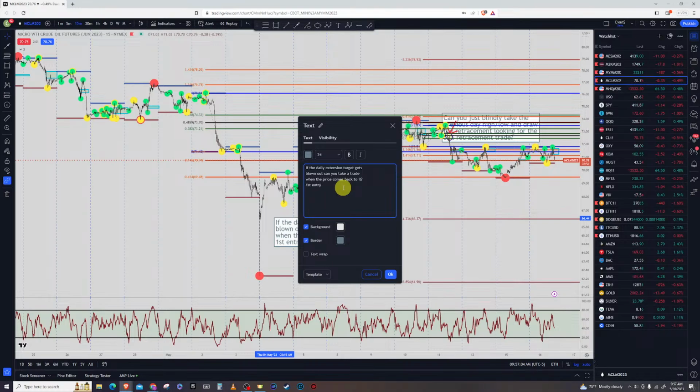First entry, the 1.414, and exit is 23.6.